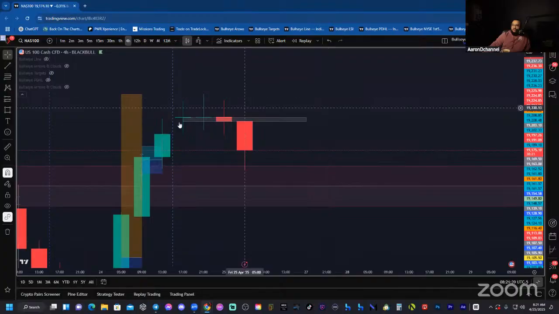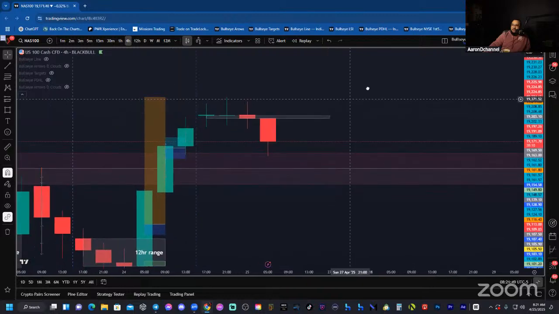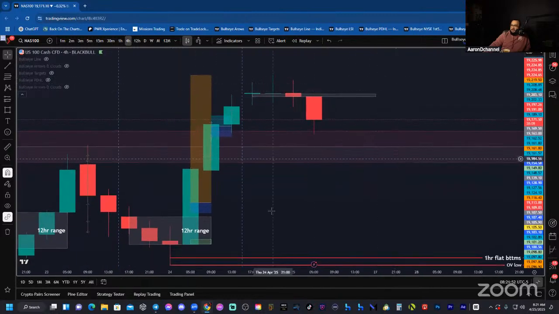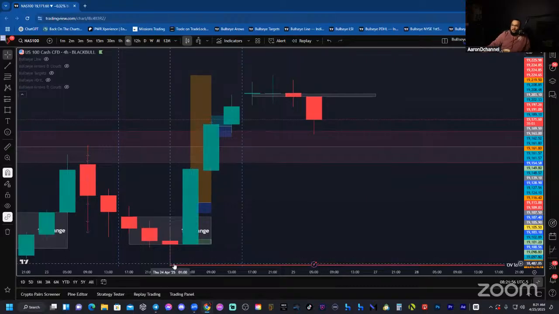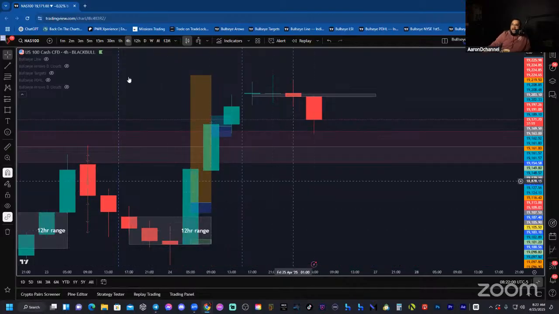Look at these first 3-4-hour candles of this session. Terrible. But we broke beneath now. And I'm interested in flat tops and flat bottoms. You can see that we did this here. I'm also interested in overnight low and overnight high.